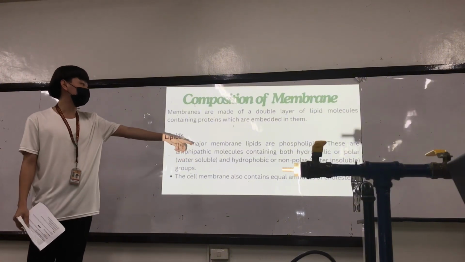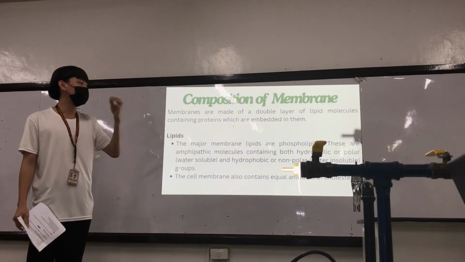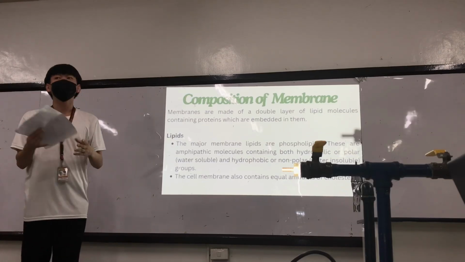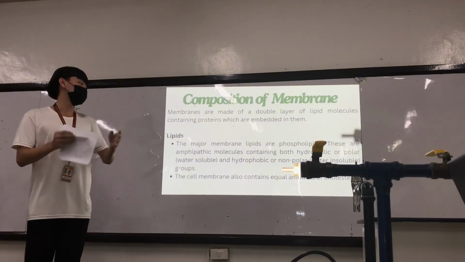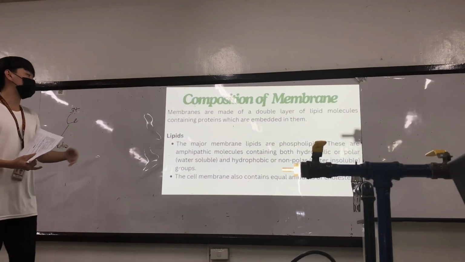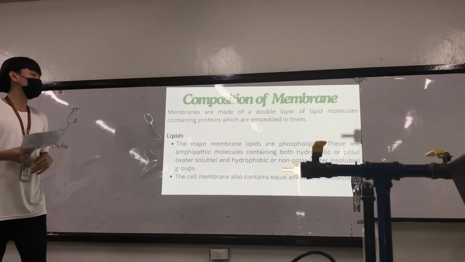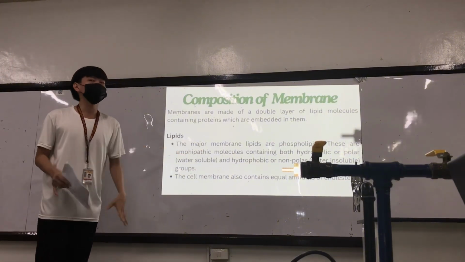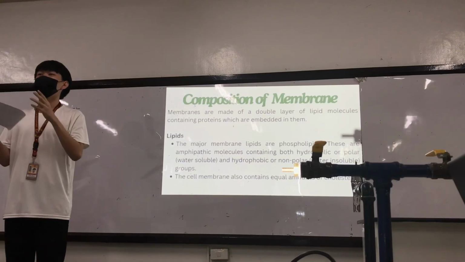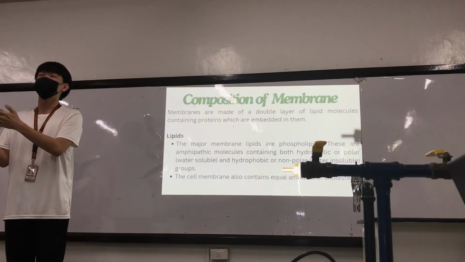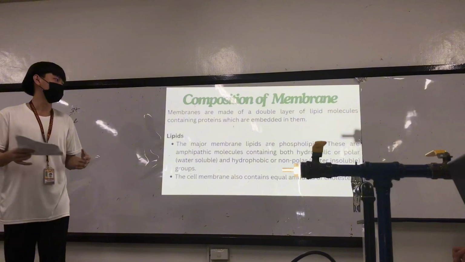The second is the hydrophobic or non-polar part, which is water insoluble and avoids water. The cell membrane also contains a balanced amount of cholesterol, which helps keep the membrane stable.